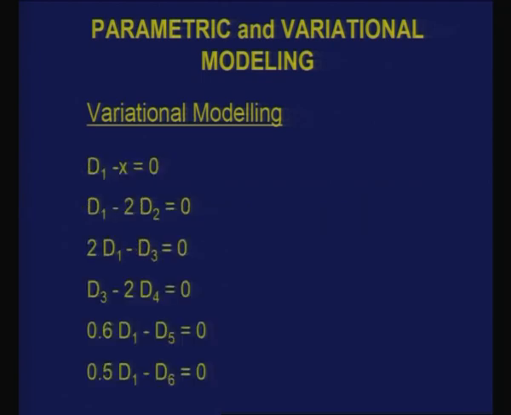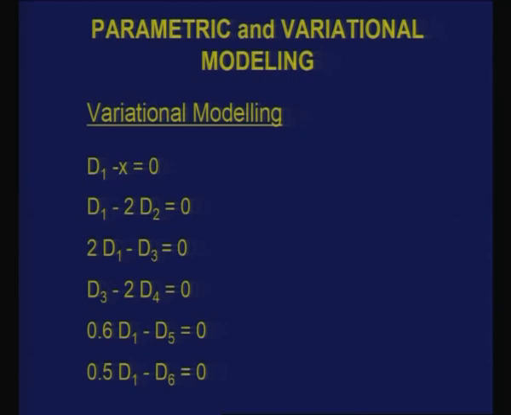I can again write down the same thing as equations, solve for these equations in terms of x, and given a value of x, I can uniquely solve this. Now, the example which we have taken here is very simple.